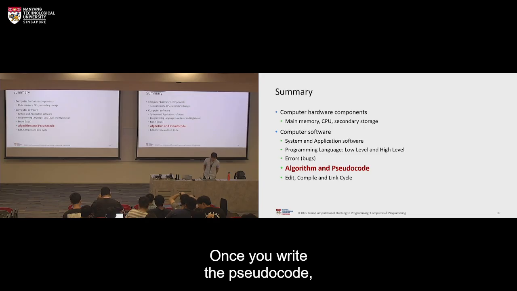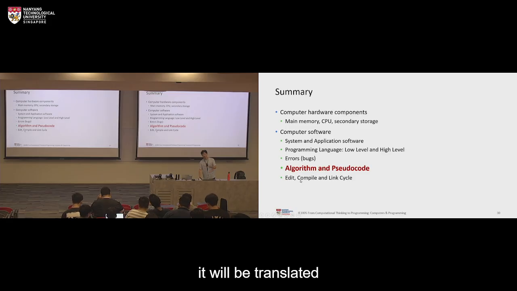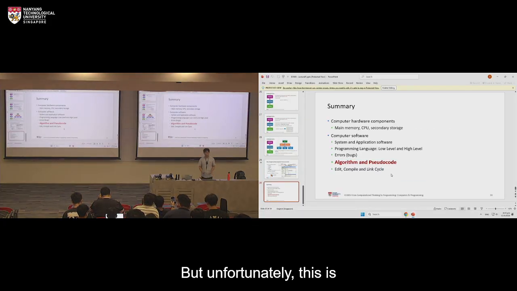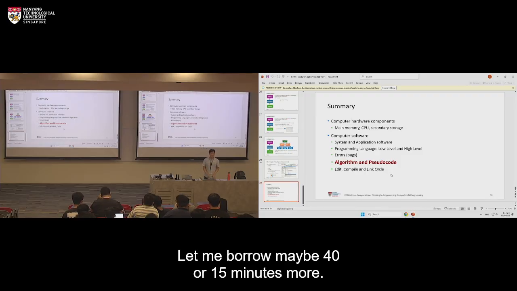Once you write the pseudocode, it will be translated to the C language, and by the compilation process, it will be translated to machine language as well. All right, but unfortunately, this is not the end of today's lesson. So let me borrow maybe 40 or 50 minutes more.